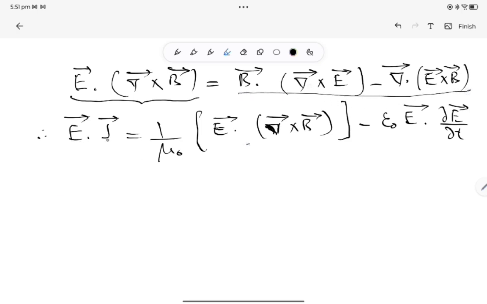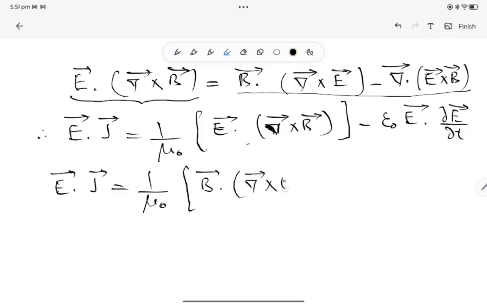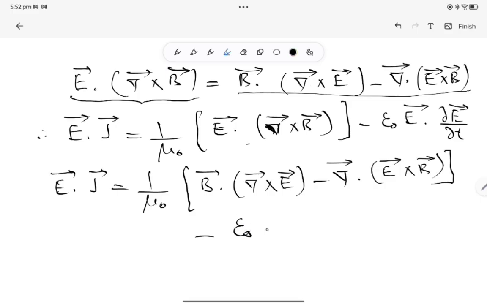Now in the expression for E dot J, when we do that, we get E dot J equal to 1 by mu naught, and now we have B dot del cross E minus del dot E cross B, and then outside we have minus epsilon naught E dot del E by del T.